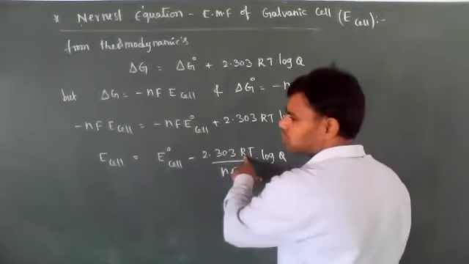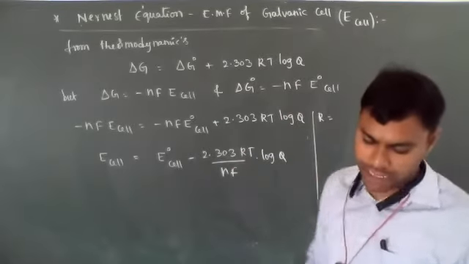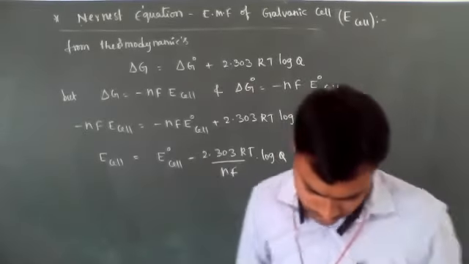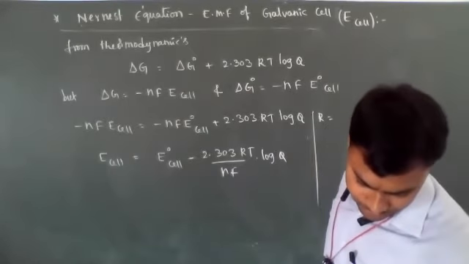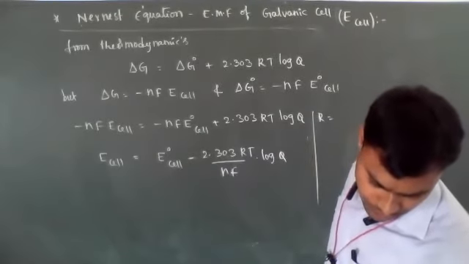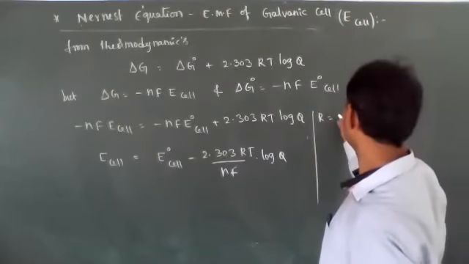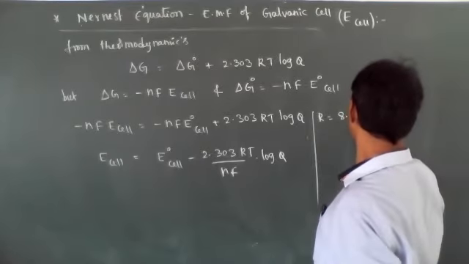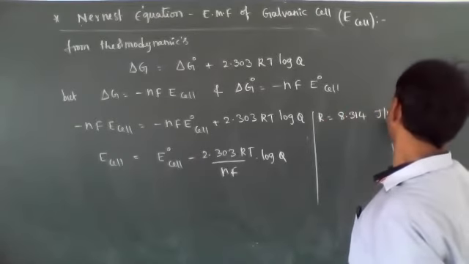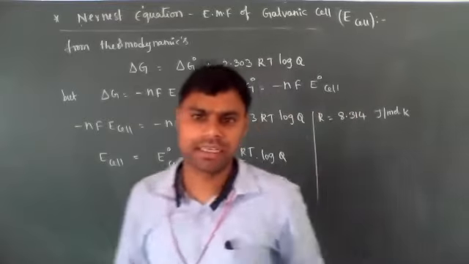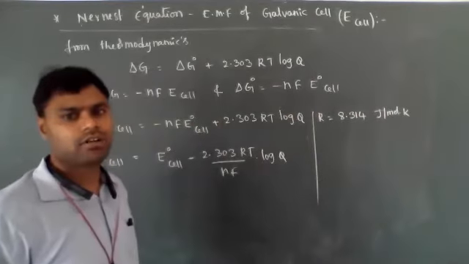The gas constant value is 8.314 joule per mole Kelvin.